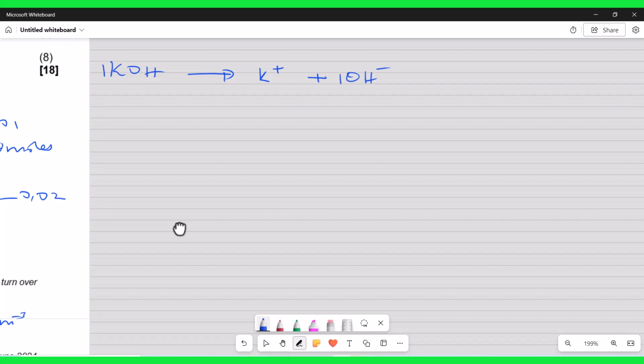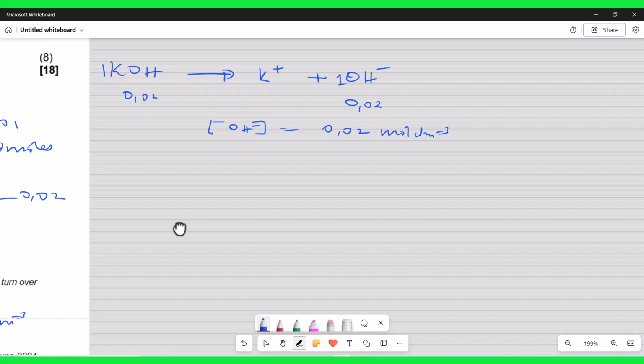So now that I know the concentration of potassium hydroxide, which is 0,02, because of the 1 to 1 mole ratio, the concentration here is also going to be 0,02. So my concentration for the OH ions is 0,02 moles per decimeter cubed.